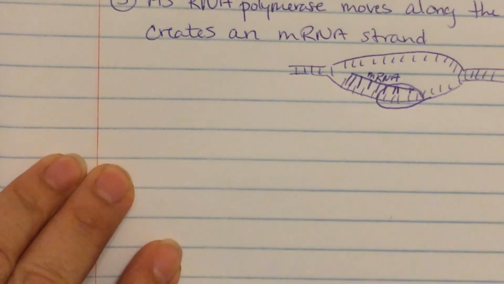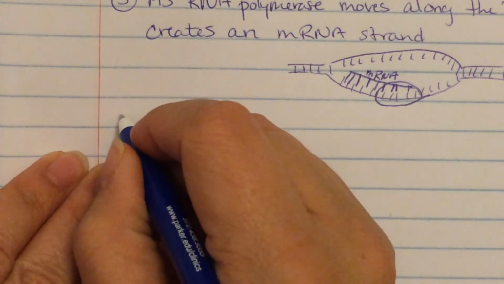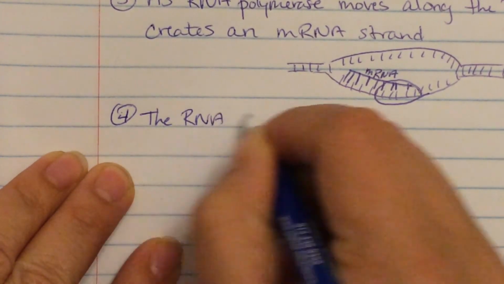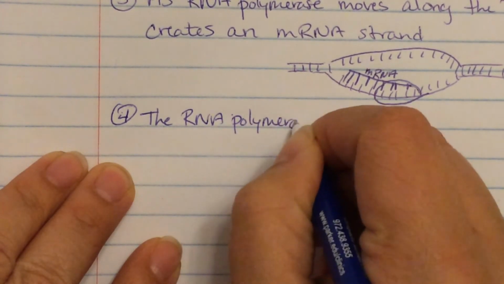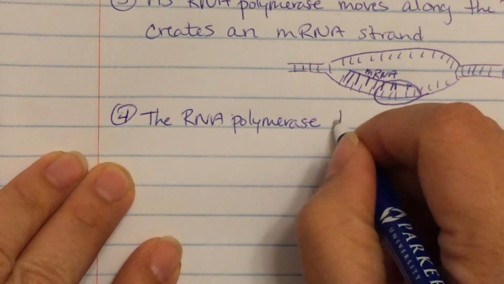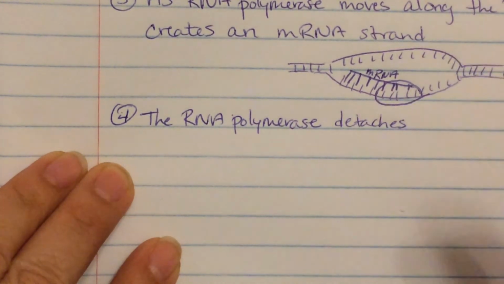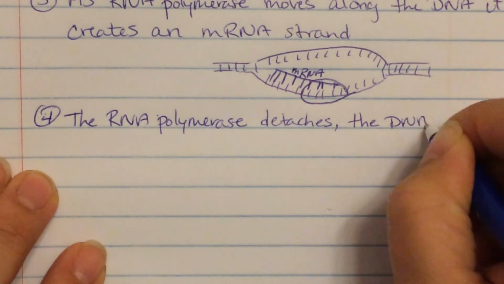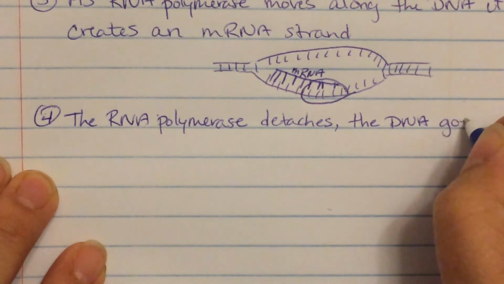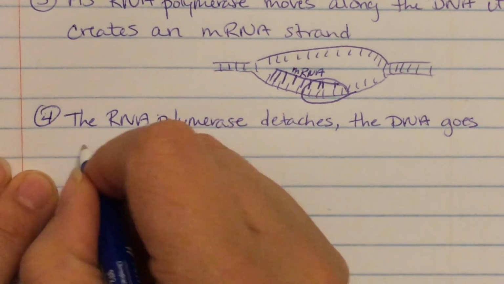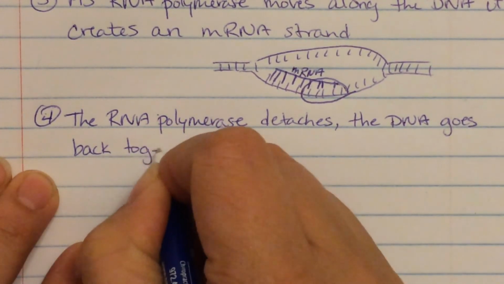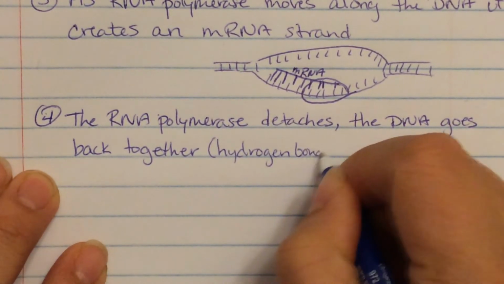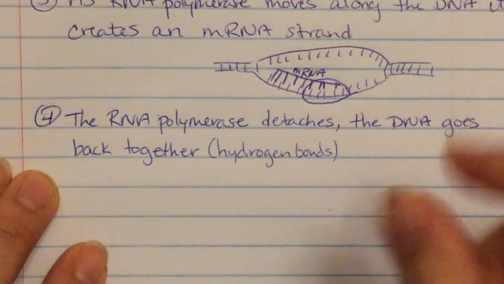And in step 4, the RNA polymerase detaches, means it lets go, it releases the DNA, and the DNA goes back together, and that, by the way, is courtesy of those awesome hydrogen bonds, because they kind of act like little magnets and they stick together.